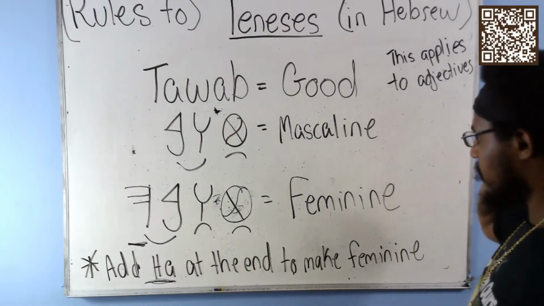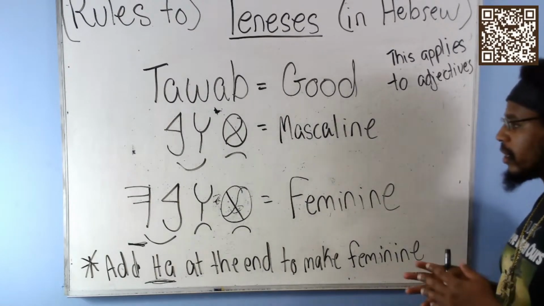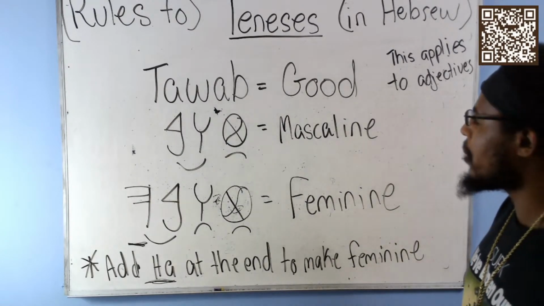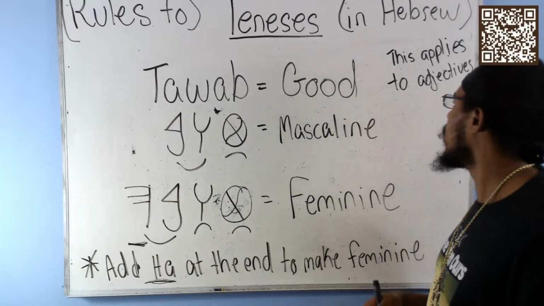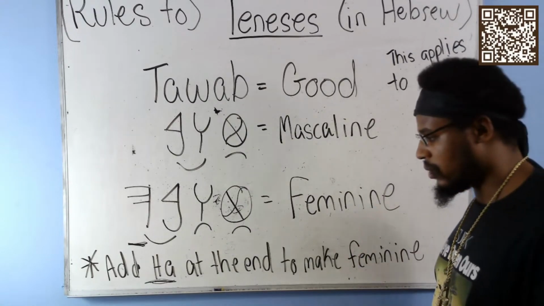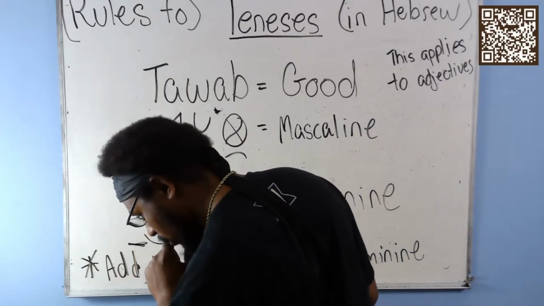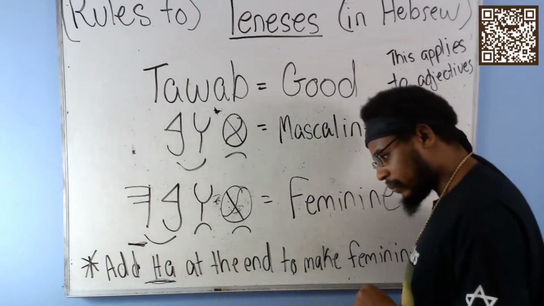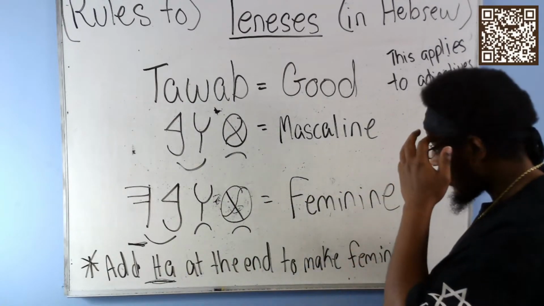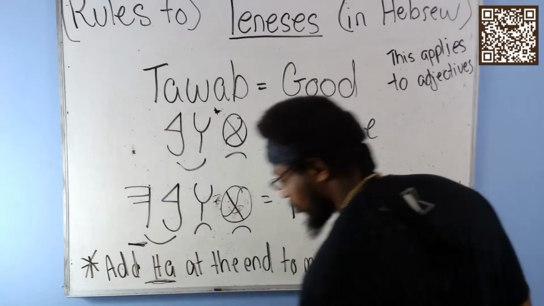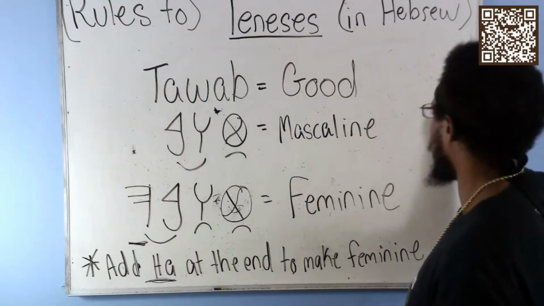With adjectives, if you have a masculine adjective and you want to make it feminine, add the ha to that. So that's that.